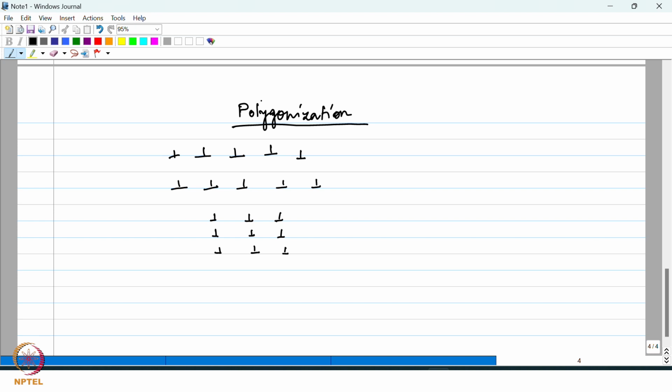So if you have a grain like this, the dislocations will get rearranged in this kind of arrays, and in the process it will reduce the energy of the material, because in this arrangement the energy of each dislocation will reduce, and that in turn will reduce the energy of the system.